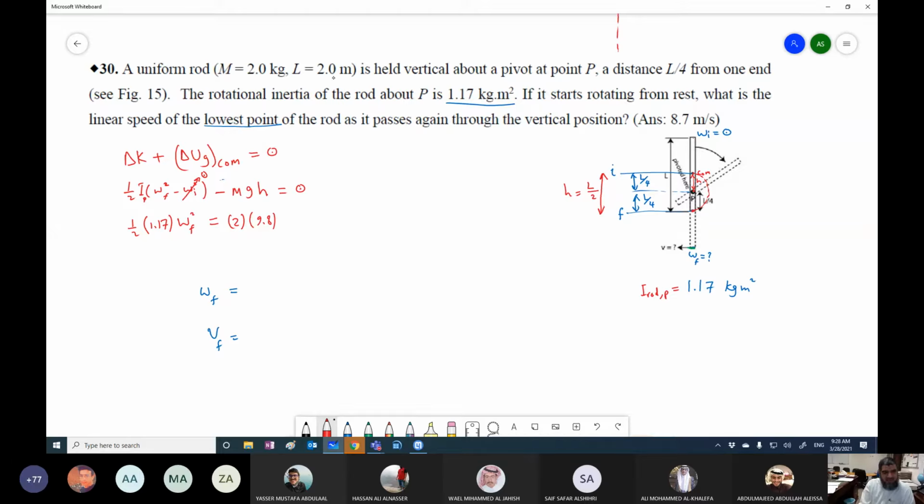L is 2 meters. معنى L over 2 is equal to what? 1 meter. And from here you will get that omega final. احسب كده يا محاسب. اضرب دي في 2 فتطلع 4. 4 في 9.8 which is 49.2.